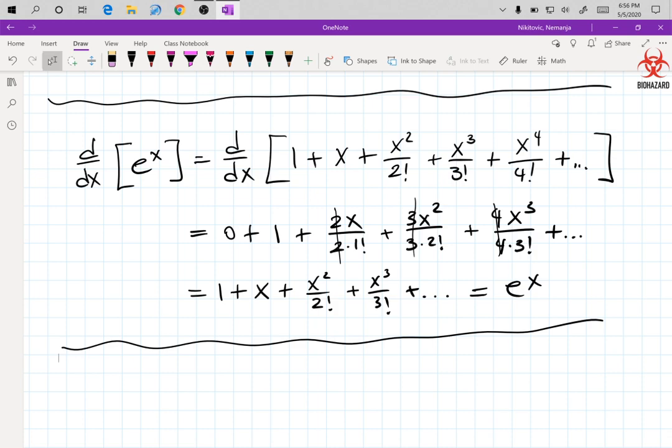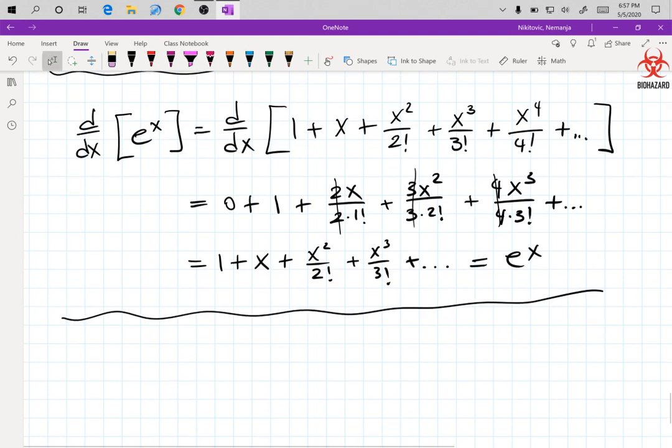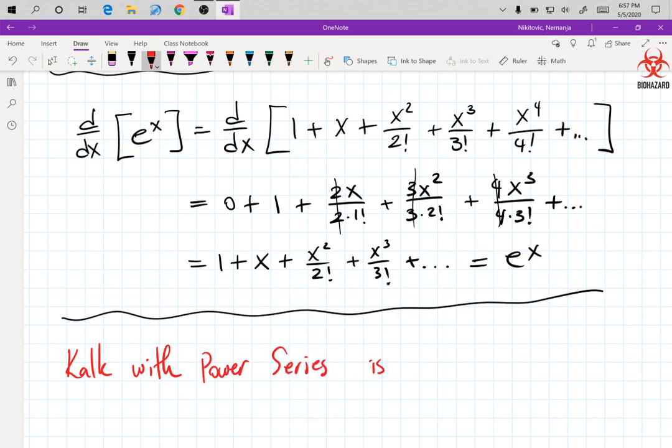You will simply just go through all of these calculations term by term. So calc with power series is done term by term.